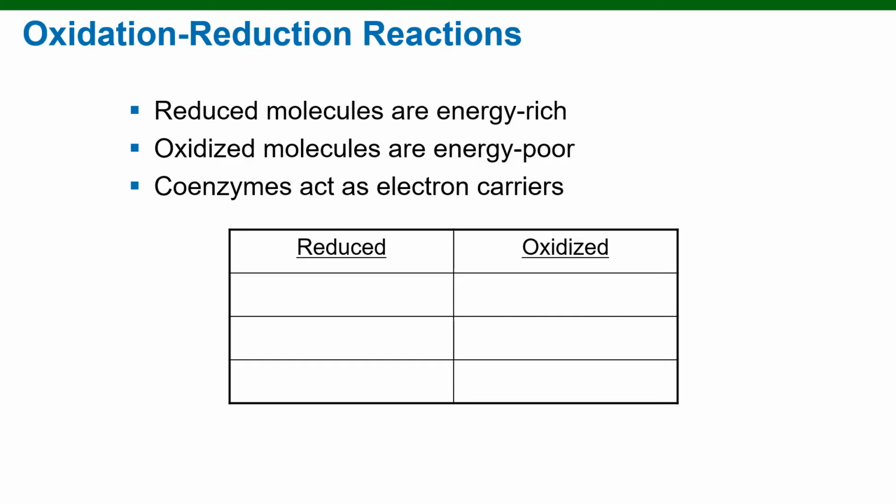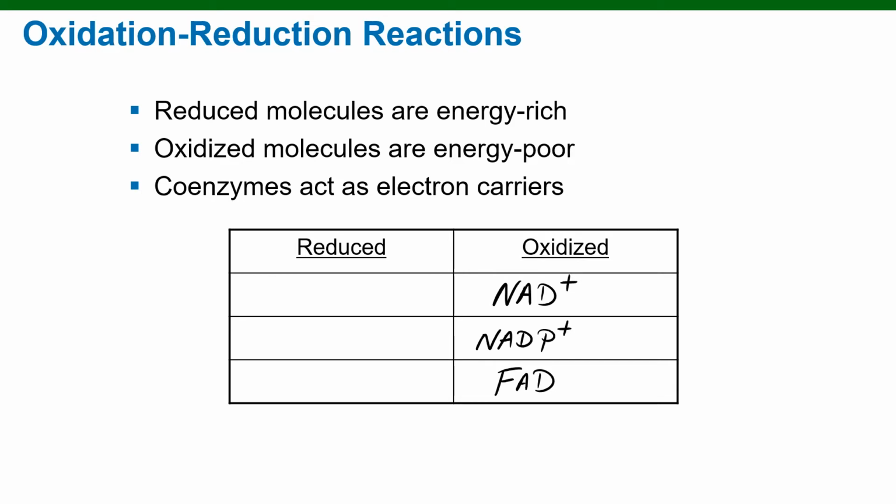I'll start over here on the right with NAD, nicotinamide adenine dinucleotide, which has a plus charge, and then a very similar molecule, NADP, which contains phosphorus and functions the same way as NAD, also has a plus charge, and then FAD, which stands for flavin adenine dinucleotide. It doesn't happen to possess a formal positive charge, but all of these molecules can gain hydrogens and their associated electrons. And when they gain those electrons and hydrogens, they're said to be in a reduced state.